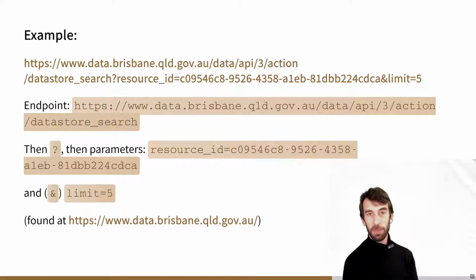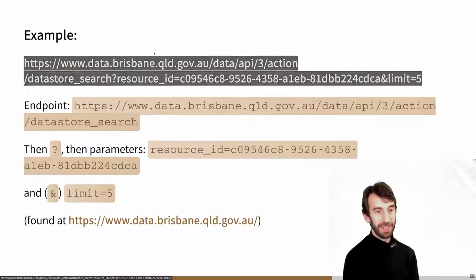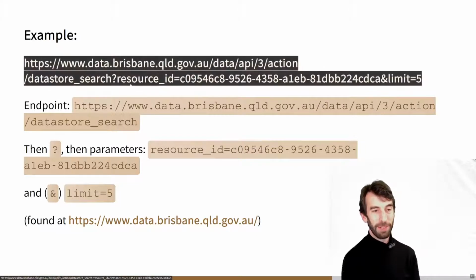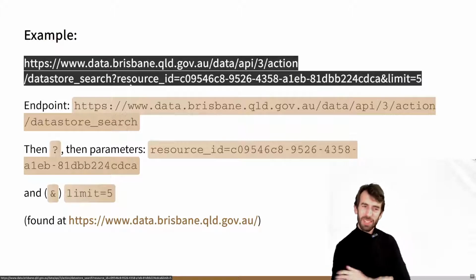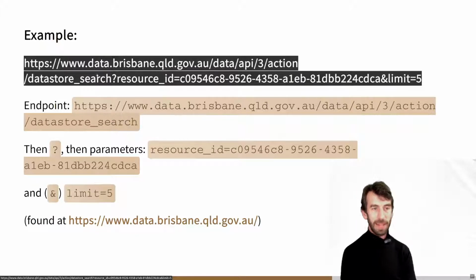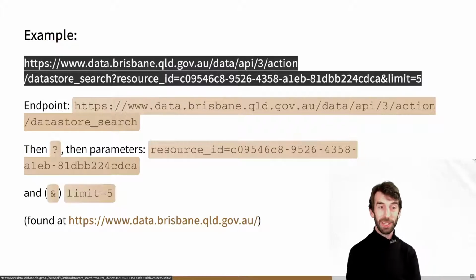Okay, here's an example of an API on the internet. Well, this is a mouthful, isn't it? And before I view it, we'll just have a look at this very long URL. And if you start to look at it just with a critical eye, a few things start to jump out. So the first part, https://www.data.brisbane.queensland.gov.au, that looks like a normal website.